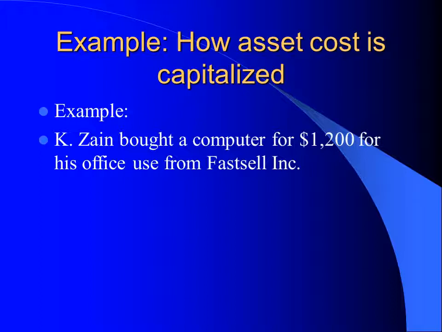If an asset is purchased for office use, it's a non-current asset. But if a computer is bought for sale, then it's part of inventory. So one has to be very careful here and read the statement very carefully to establish that this particular purchase is for office use in the business.